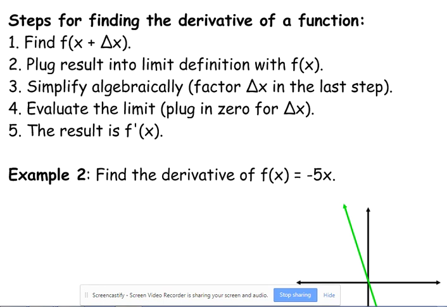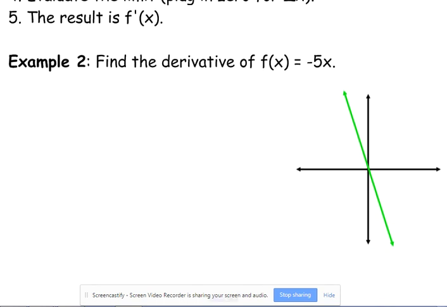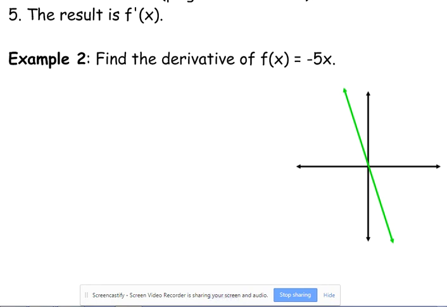We're going to simplify algebraically. Almost every single time, you're going to factor delta x in the last step and evaluate the limit. And so that means you're going to plug in 0 for delta x. And the result is f prime. So it's very important that we stay consistent with our notation here. So you need to try and keep things very linear.